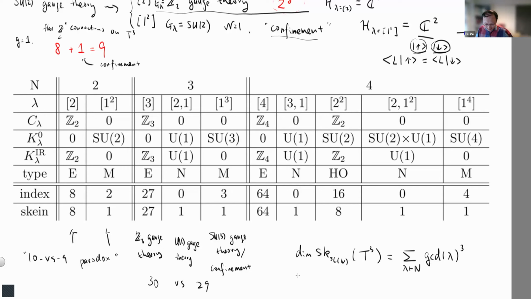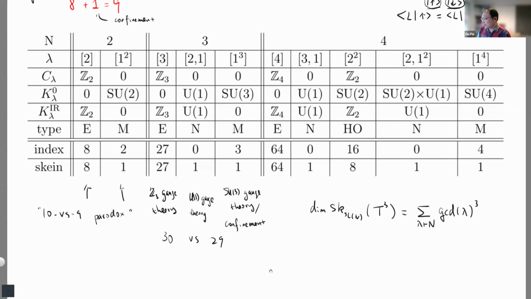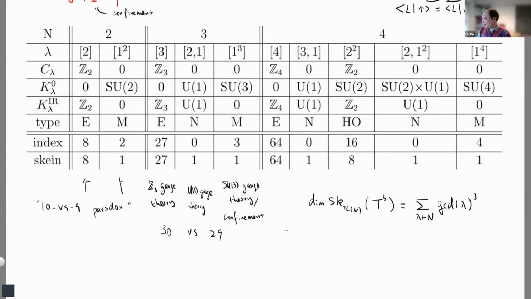And this agrees with and reproduces these results by Cunningham, Jordan, and Vazirani. And one can do this also for GL(n). So for GL, one simply removes the third power.